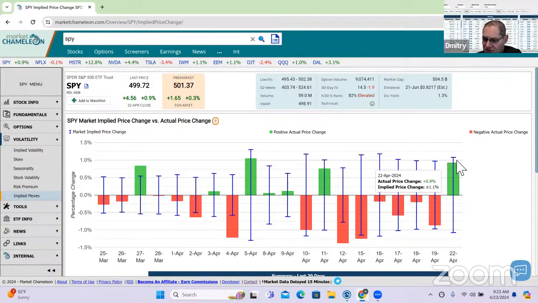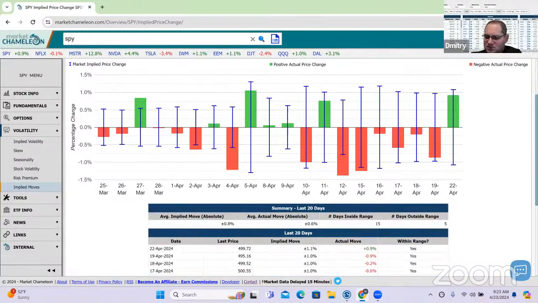This is why the green bar is telling us the move was up, and it was within that straddle range. So what does the 1.1% mean? That if it moved exactly up 1.1% or down 1.1%, that's where the break even is for buyers and sellers. And here we get a visual going back about a month of the implied moves versus the actual end of day moves.